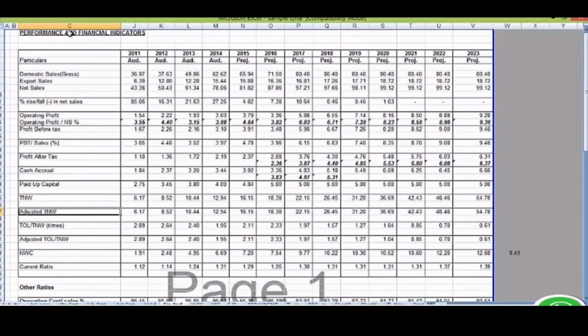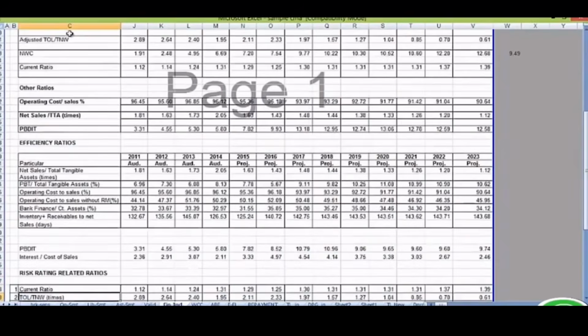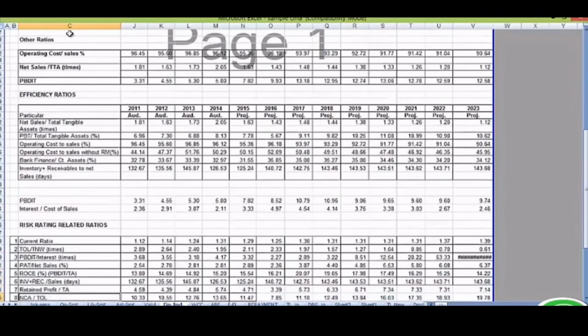It goes on with many ratios, efficiency ratios, then risk rating related ratios, and it keeps going on. Once you feed the data in those three sheets, you are going to get this sheet, which is one of the important sheets in banking, because this is going to talk about all the wellness and bad things of the customer in terms of ratios.